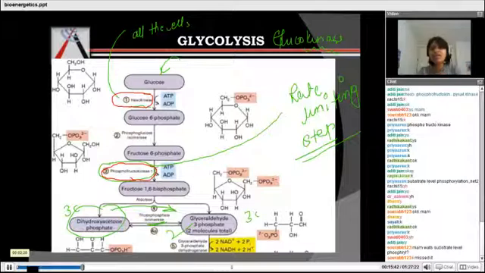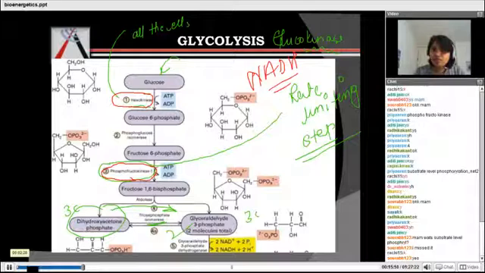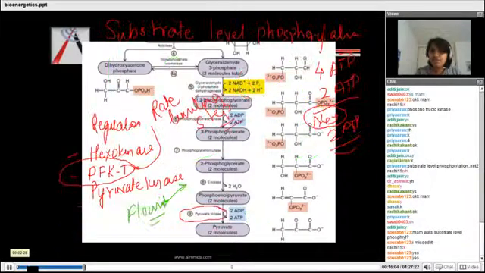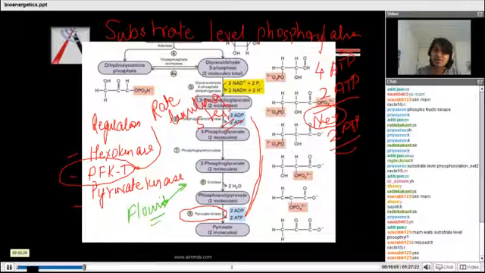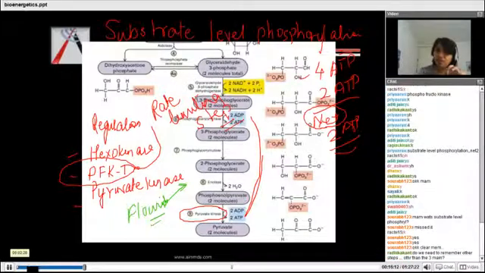We are making ATPs and we are also making NADH. This NADH will be used later in the electron transport chain to make ATP. But right now, what are the ready-made ATPs we made? We made 4 of the ready-made ATPs here. These ready-made ATPs are substrate level phosphorylation. So we made 4 ready-made ATPs and we used 2.